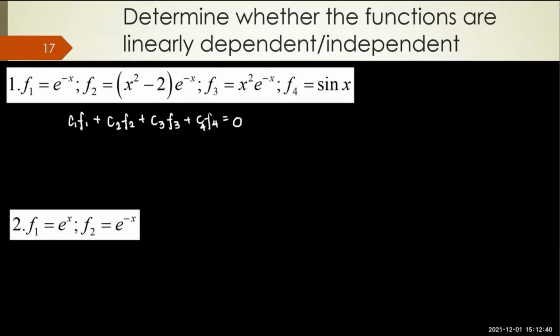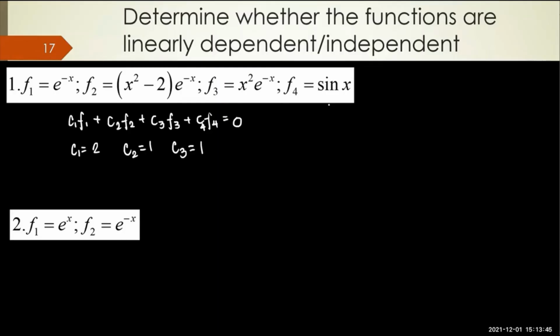F2 is x squared minus 2, and then both of them are multiplied to e to the negative x. If C1 here is 2, there will be a multiplier 2 in here. And then if I add the 2e to the negative x to this, it will cancel out. If C2 is equal to 1, okay, this is just x squared minus 2 e to the negative x, but then that cancels out with this. What will be left is x squared e to the negative x. Okay, I have that. So I can say that C3 can also be equal to 1.